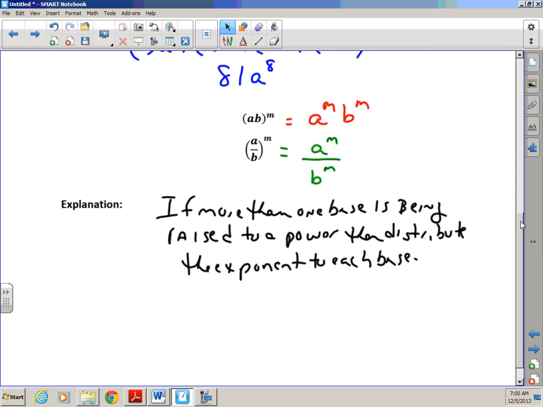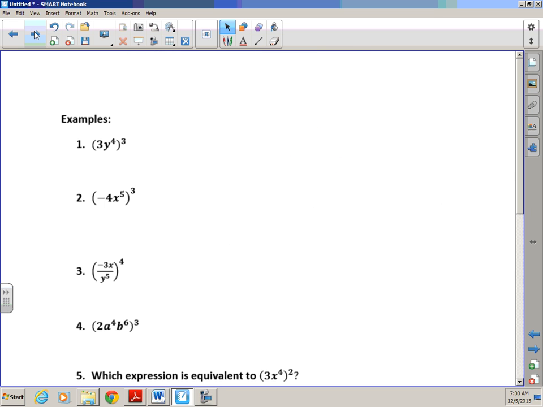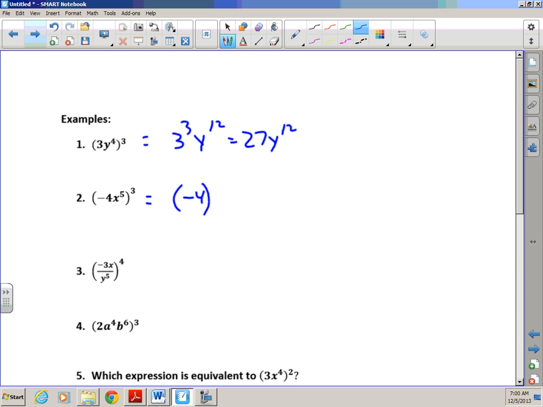Now, let's go through some examples, and then we're going to talk about where we have to be careful with this rule. All right? So I have 3y to the 4th cubed. Hopefully you'll see that that is 3 cubed y to the 12th, which is 27y to the 12th. Negative 4x to the 5th cubed. Well, I'm just showing you that this means negative 4, since it's inside parentheses cubed, x to the 5th cubed.